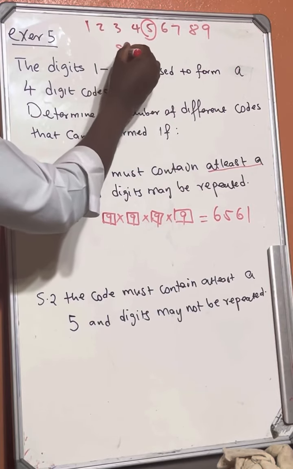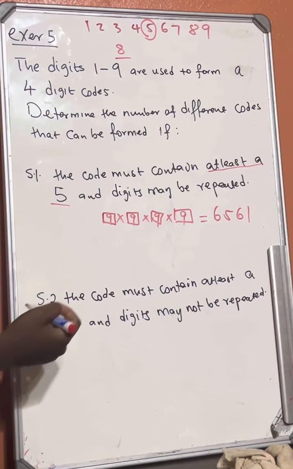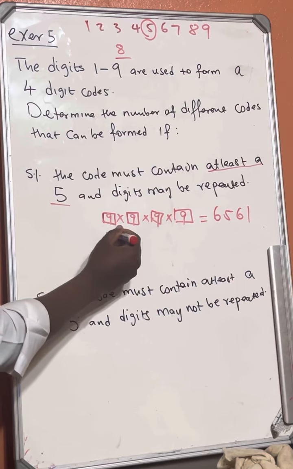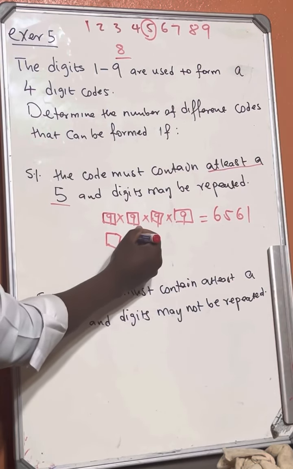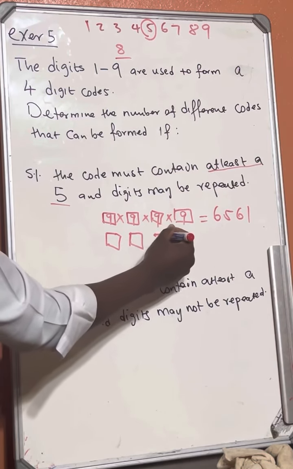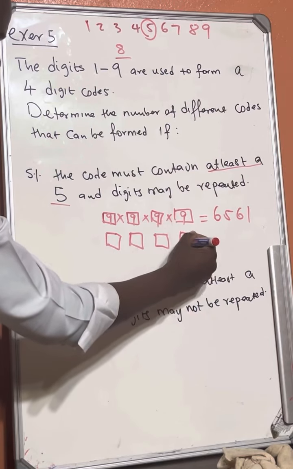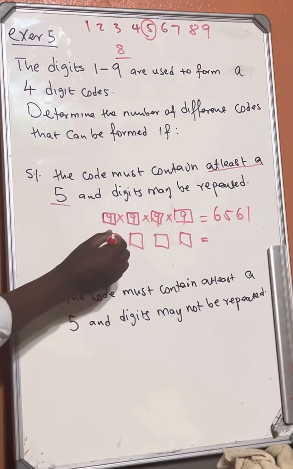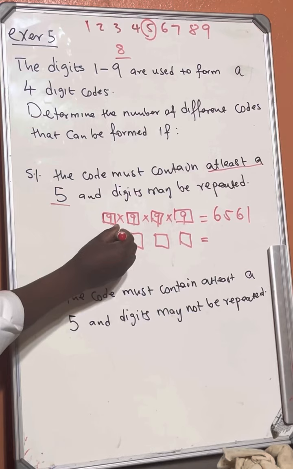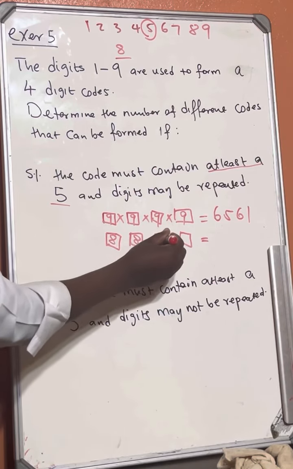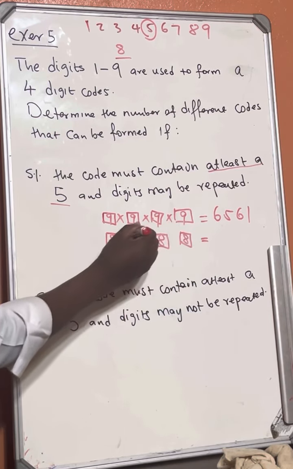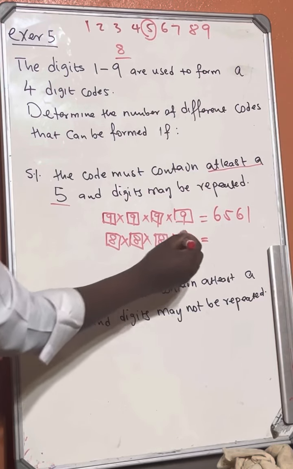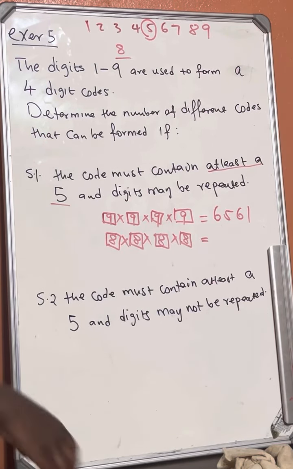How many numbers am I left with now? 8. So I'm going to say my new code without a 5. How many am I going to choose from here? 8. What about here? 8 here, 8 here, 8. This is the combination where I removed a 5 from the set. You get it?